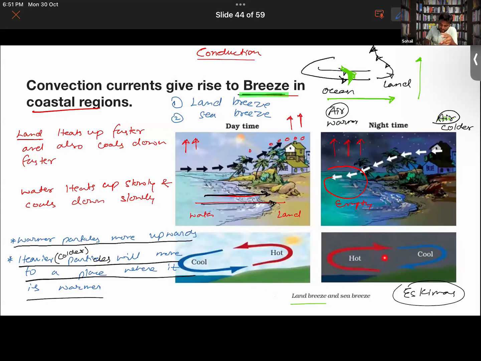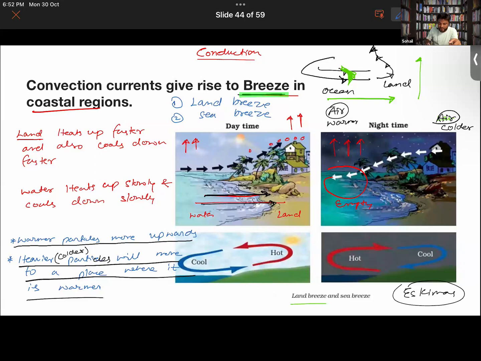The air above the sea is warmer, because water heats up slowly, and it also cools down slowly. So during the night it is still warmer. So the air over the sea is warmer at night, and the warm air over the sea will now start to rise up, right?